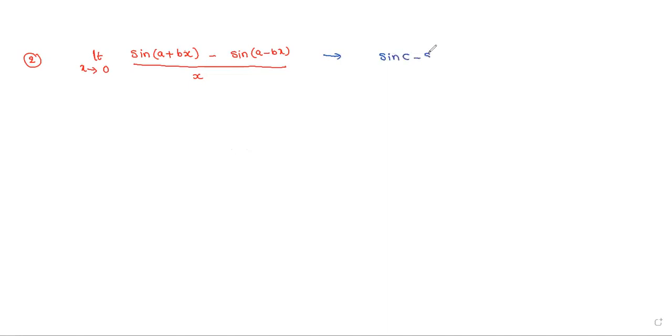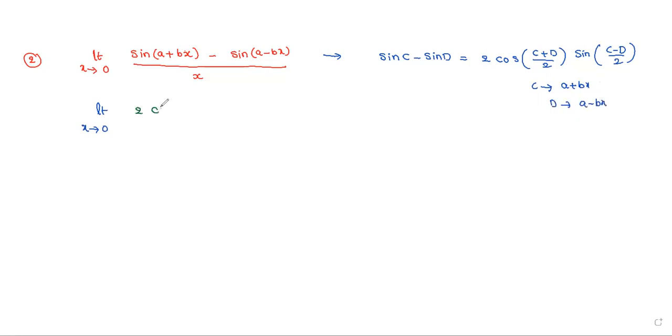Sin c minus sin d is 2 cos of (c plus d) by 2 into sin of (c minus d) by 2. So limit x tends to 0. Here c replace a plus bx, and d replace a minus bx.